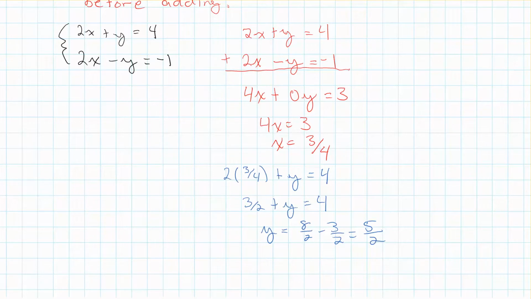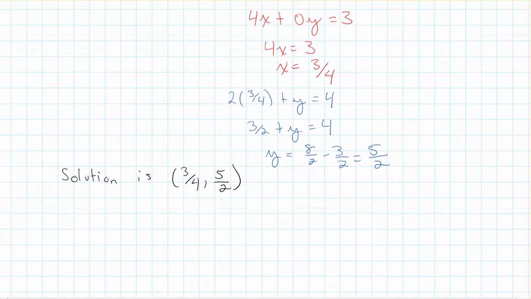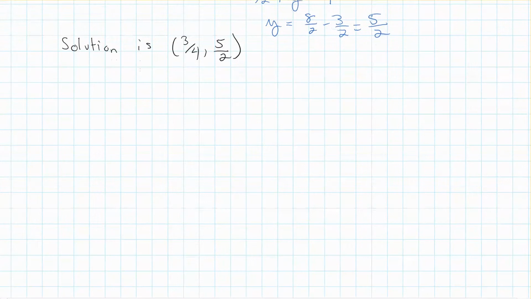And so what would we get here? The solution is 3/4, 5/2. Now, before we look at any other examples here, let's go ahead and talk about the graphs and the nature of what these solutions look like.